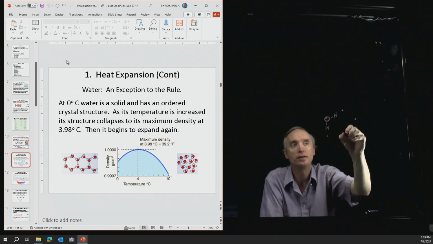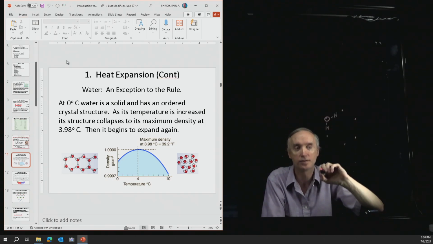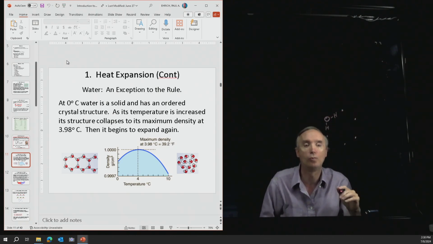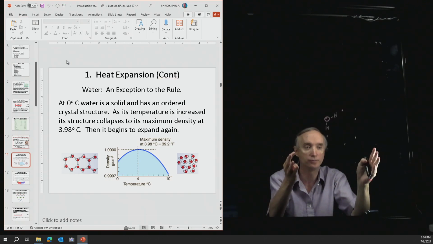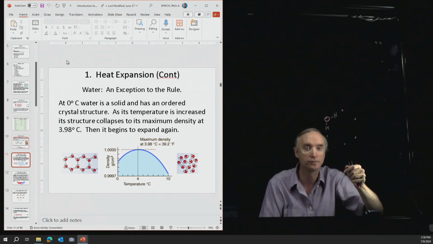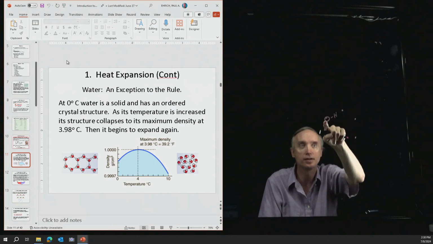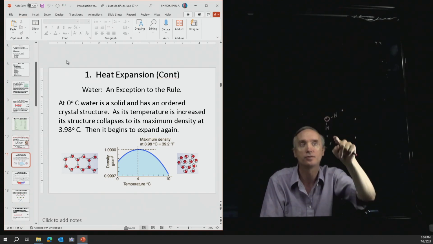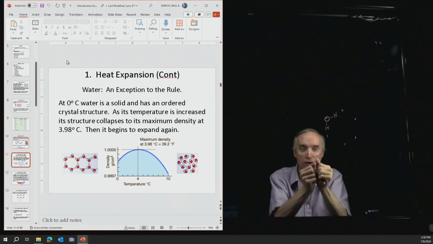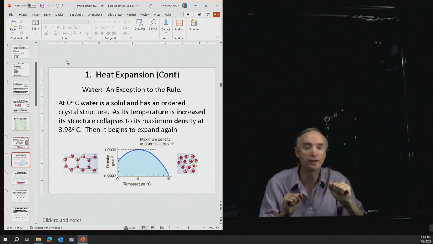And notice it's got this big empty space in the middle. Now it's not like there's air in here, it's just that it's empty. And so that means that when water is in the form of a solid, it has more volume than when it's a liquid. So on the right hand side, you see that as we increase the temperature, the springs that are holding these molecules together are getting stretched more and more until they finally break.